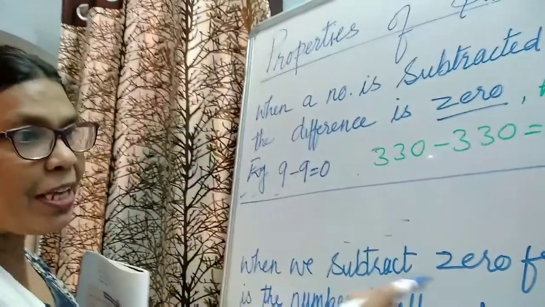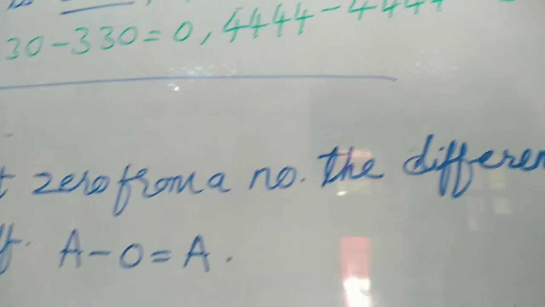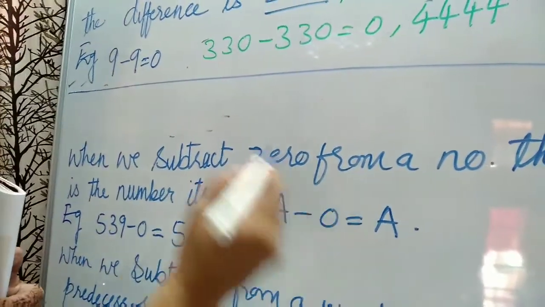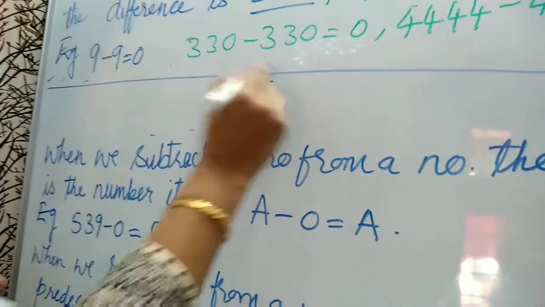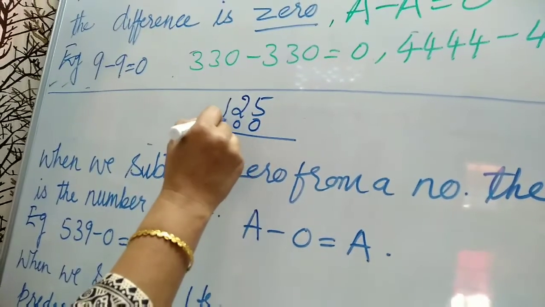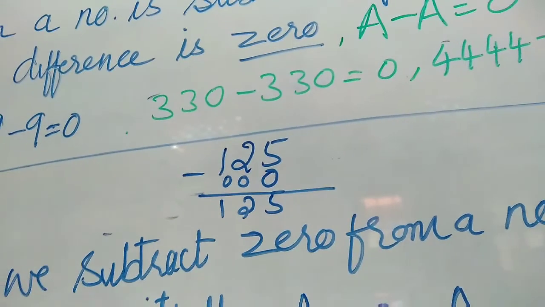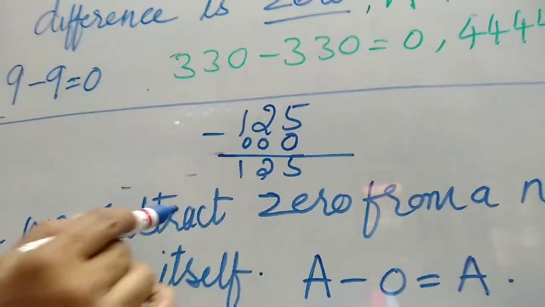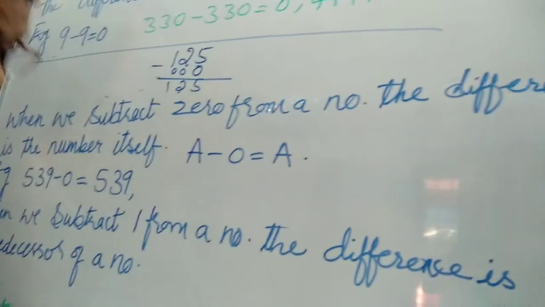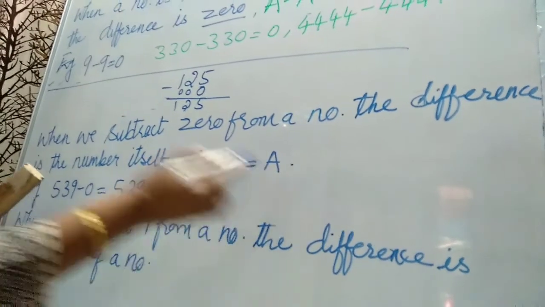Second, when we subtract 0 from a number, the difference is the number itself. You take, for example, 125. From 125 you take out 0. So what will you get? The same number. 0 means nothing. So when we subtract 0 from a number, the difference is the number itself.